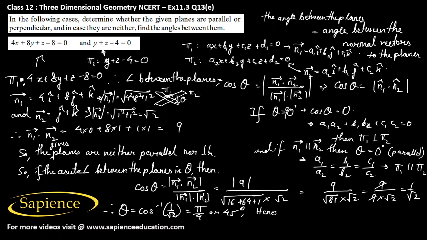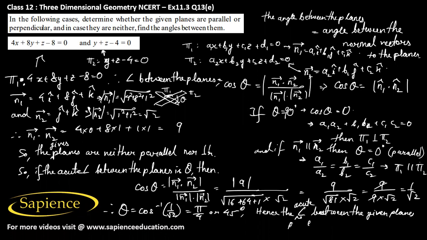Hence the acute angle in between the given planes is 45 degree. Therefore, the obtuse angle in between these two planes will obviously be 135 degree. Okay, so this is the final answer. Thank you.